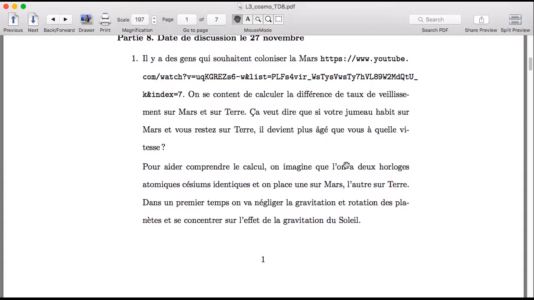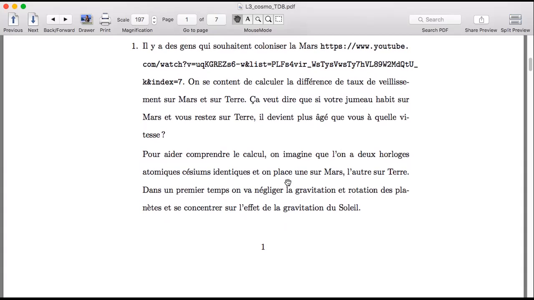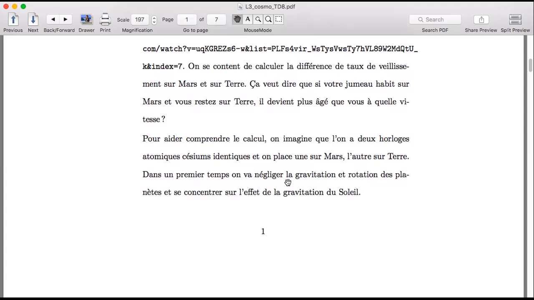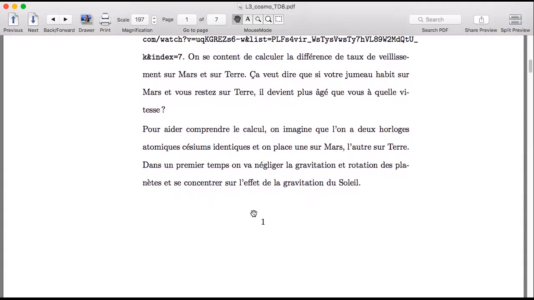And so, this is to be understood from the perspective of space-time curvature. But in doing the calculations, well, that's what we'll step through here step by step.